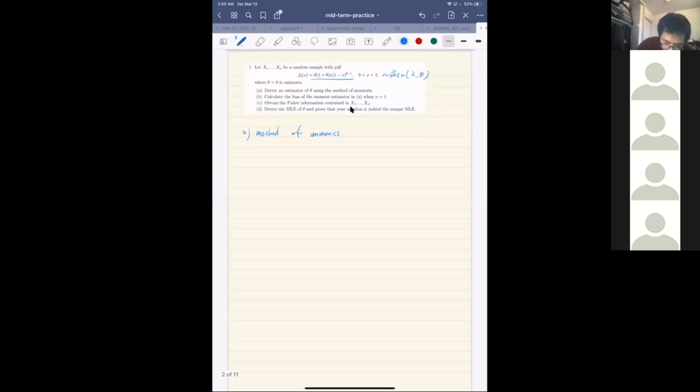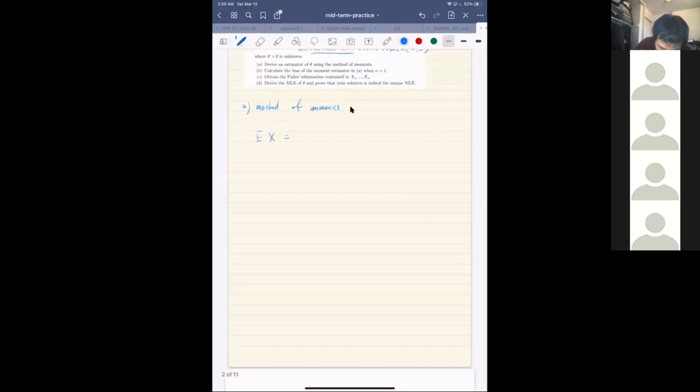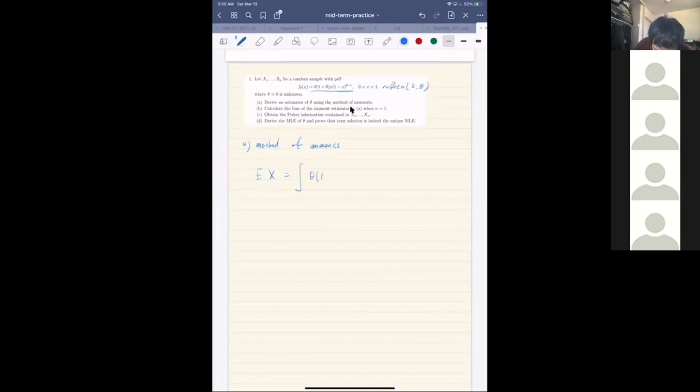For this, we have to find the average of X. This is equal to the integral of theta times x(1 minus x)^(theta minus 1) dx, divided by the beta function B(2, theta).